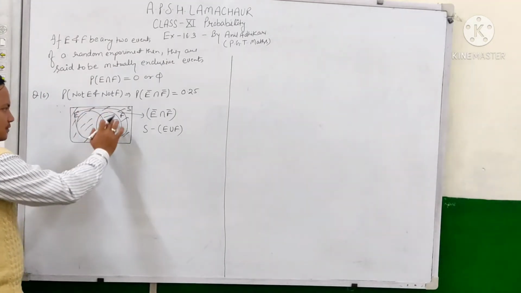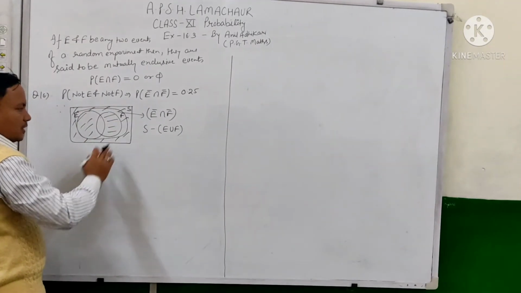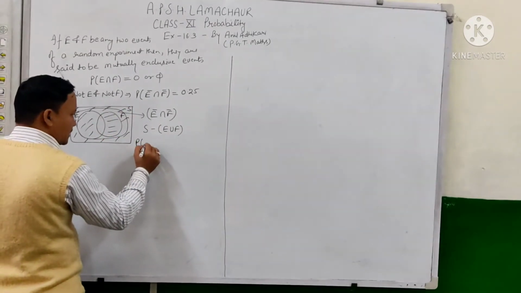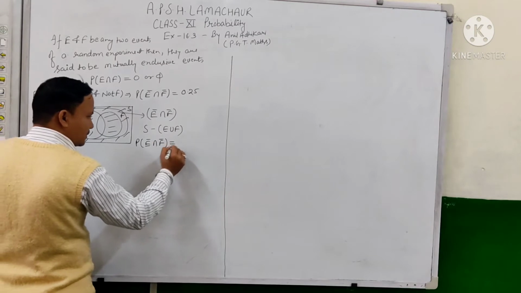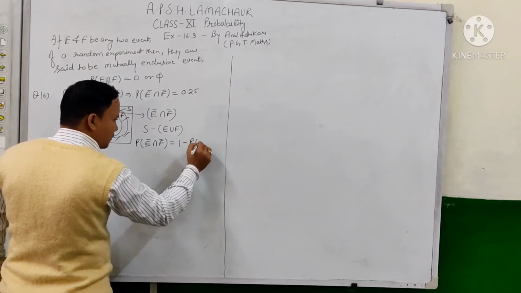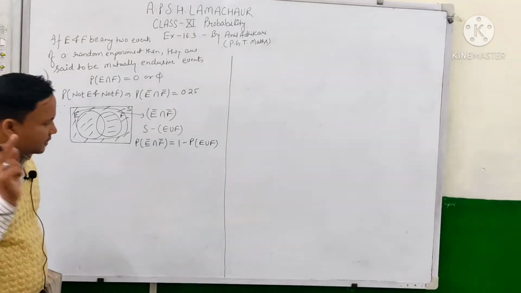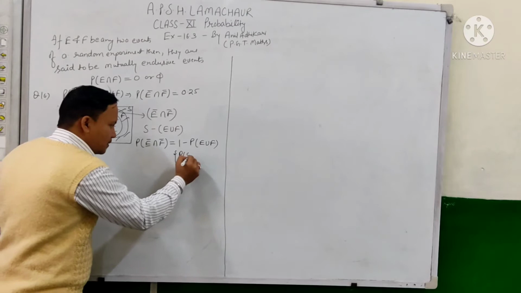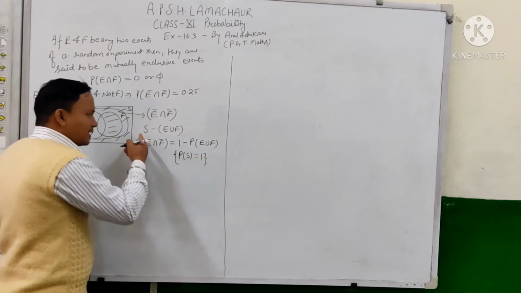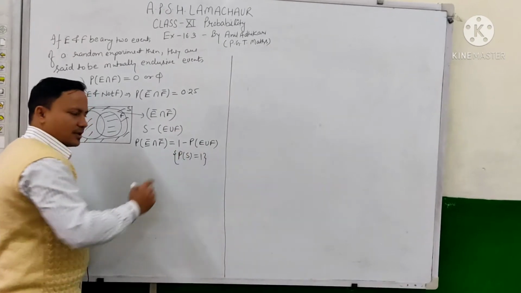So we can write the probability of E not intersection F not is 1 minus the probability of E union F, because we know that the probability of sample space S is 1.